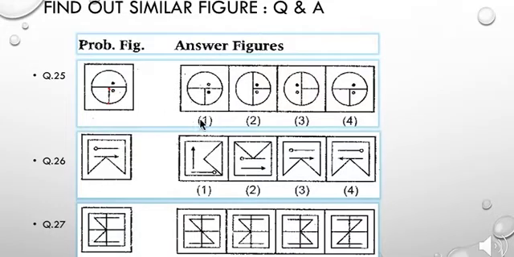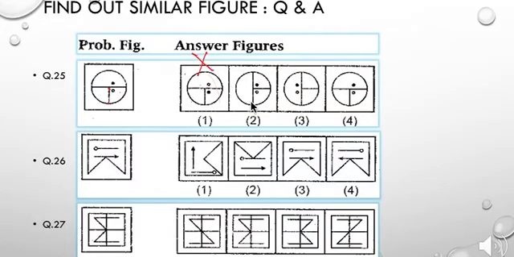So let's check carefully option 1, whether the outer design is made of a circle. Yes, the circle is there. This line is present, and this line is also present. Whether the upper design is a black dot? No, it is a circle. And the other design should be a circle, but here it is a dot, so this cannot be the answer.